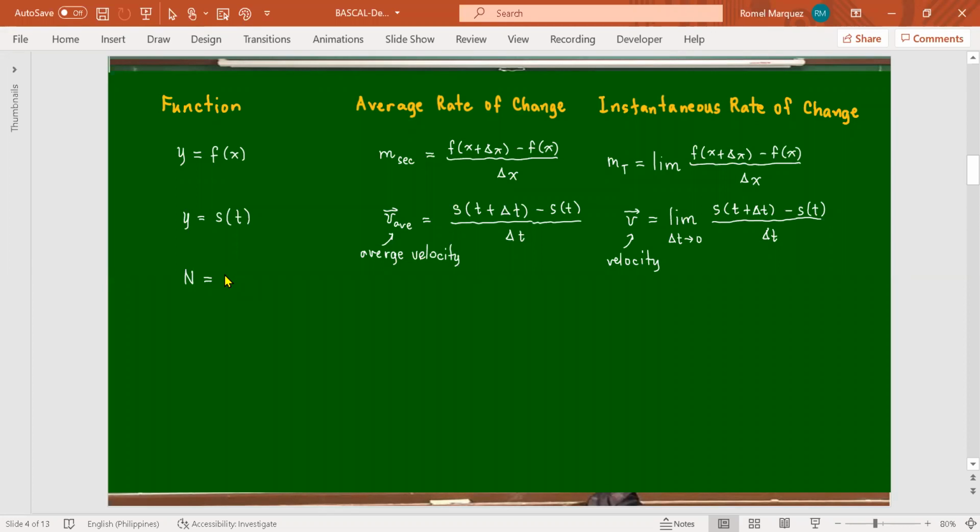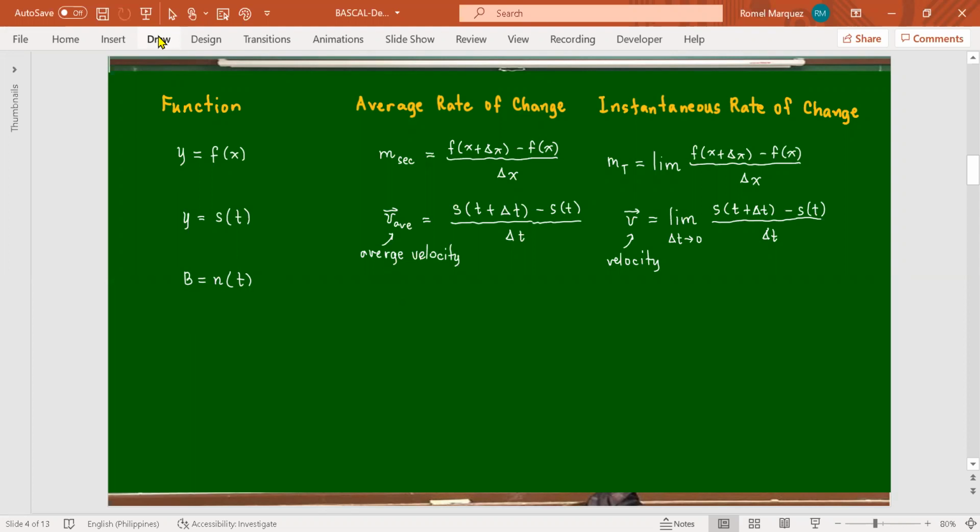And it is, let's say, number of bacteria. Sorry. Let's say, ang pangalan ng function ko is b. At it is in terms of n of t. Okay? Number of bacteria changes relative to time. So how do I write that?